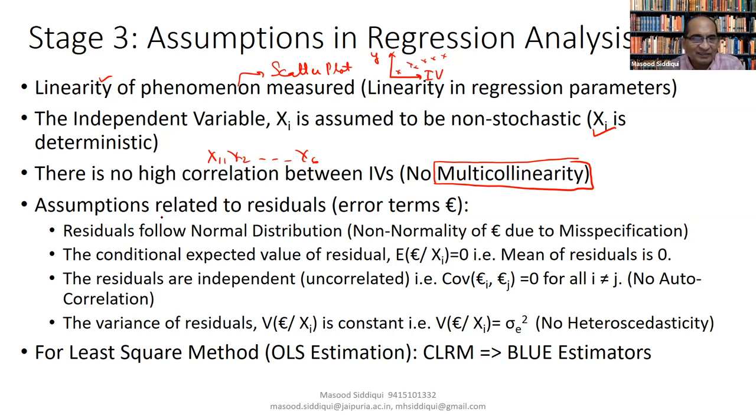Now we have some very important assumptions related to the error term or residual term. These can be written in one line: the error term epsilon should be identically independently distributed normal variate with common mean 0 and common variance sigma square.